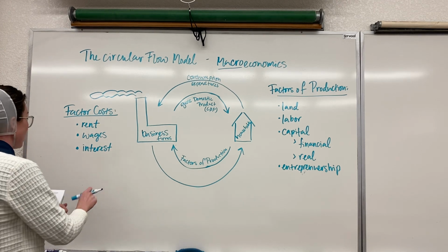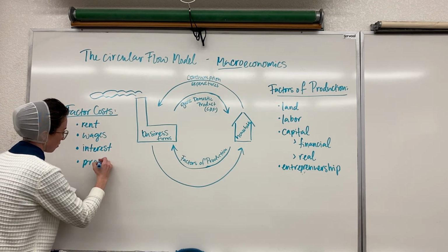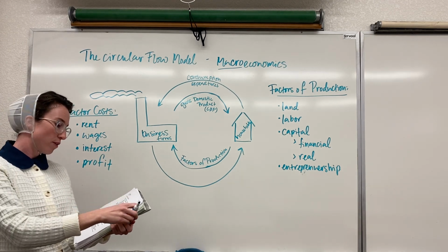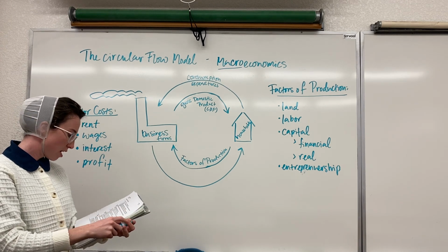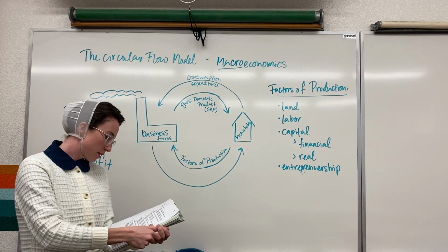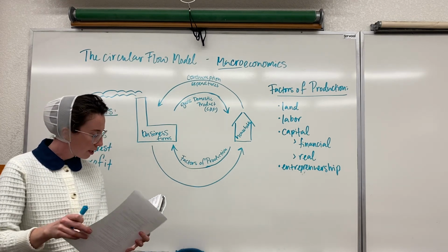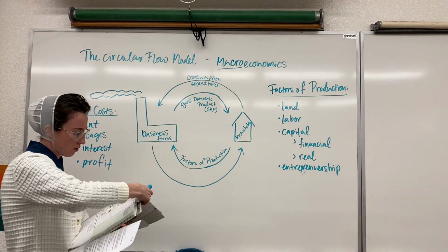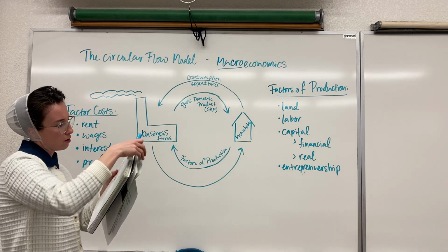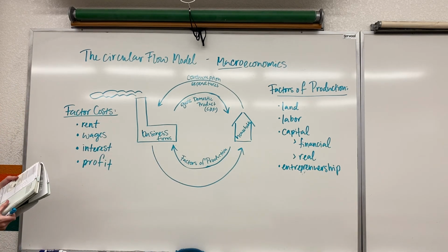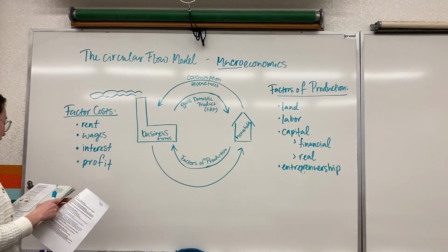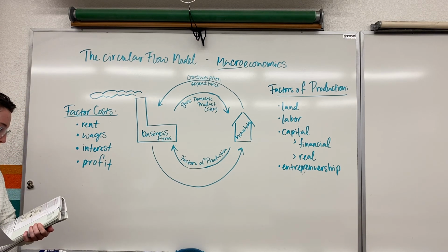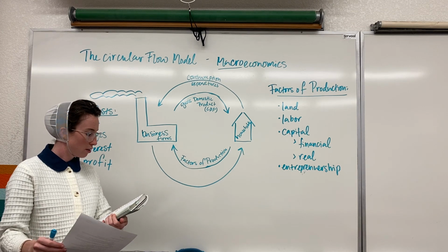And then we have profits. Profit is the difference between the revenues received from the sale of a product and the cost of the labor, land, and capital that went into its production.